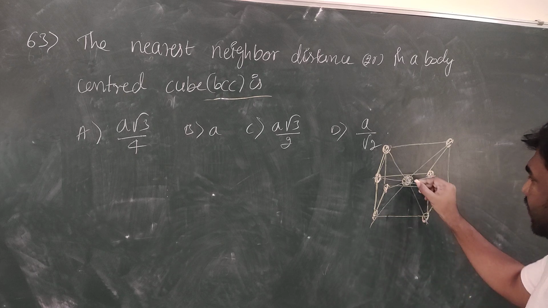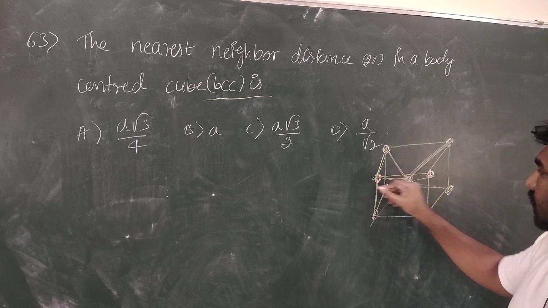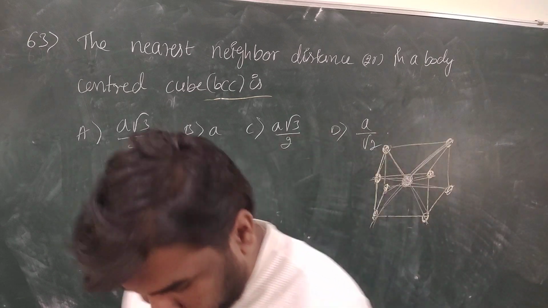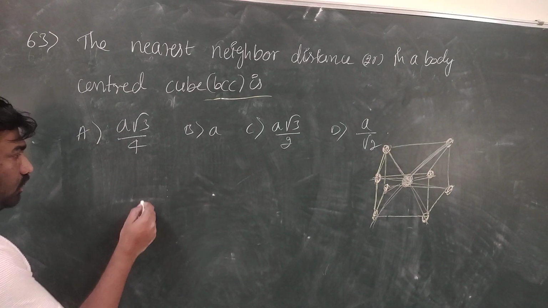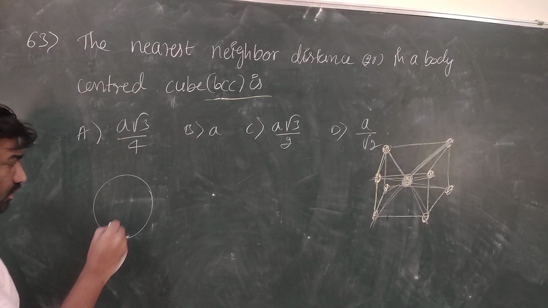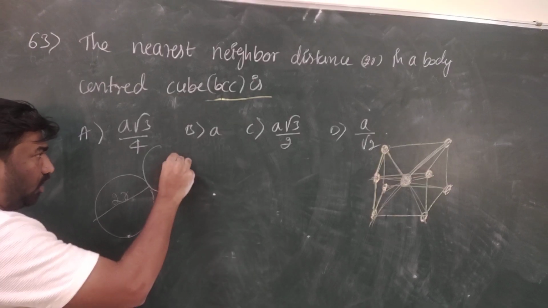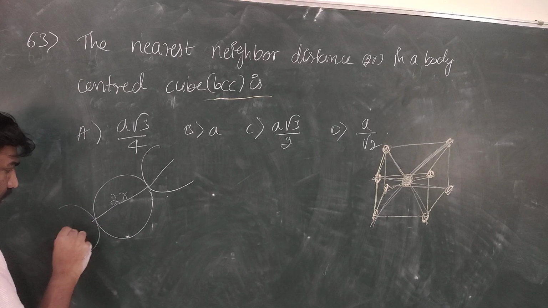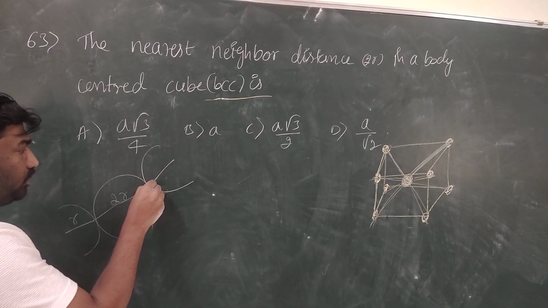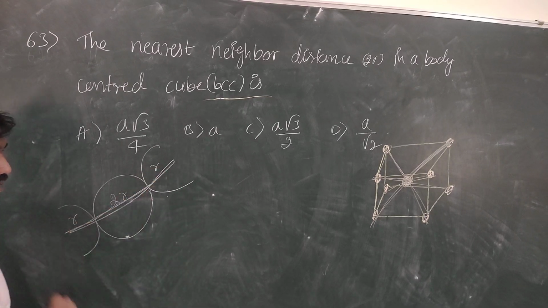Now we are going to calculate from this body center what this distance is. In the schematic diagram, if this is the body center lattice point, from here it is R and this is R, so this is 2R, and this is R and this is R. This lattice and this lattice contribute to this BCC.